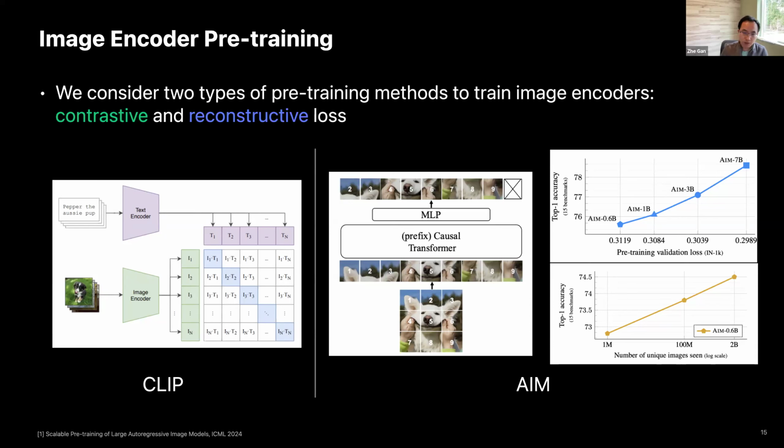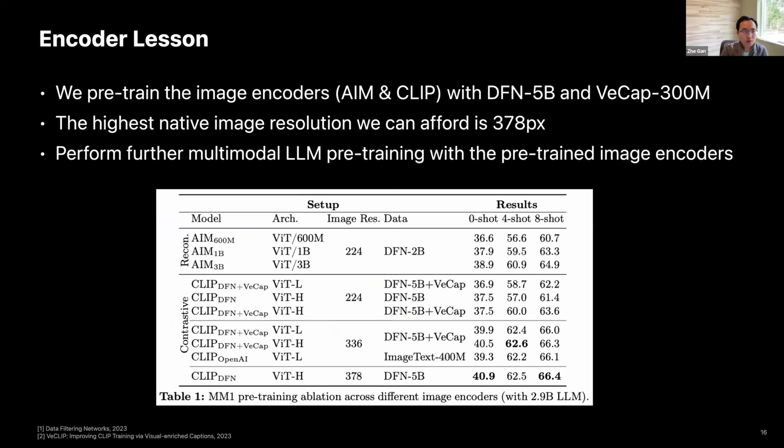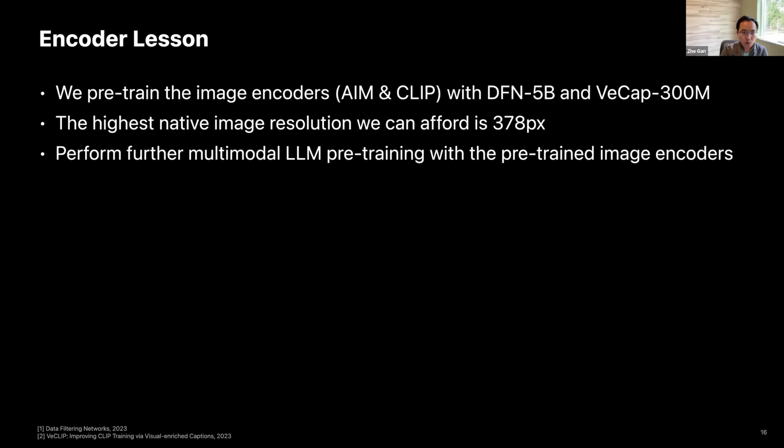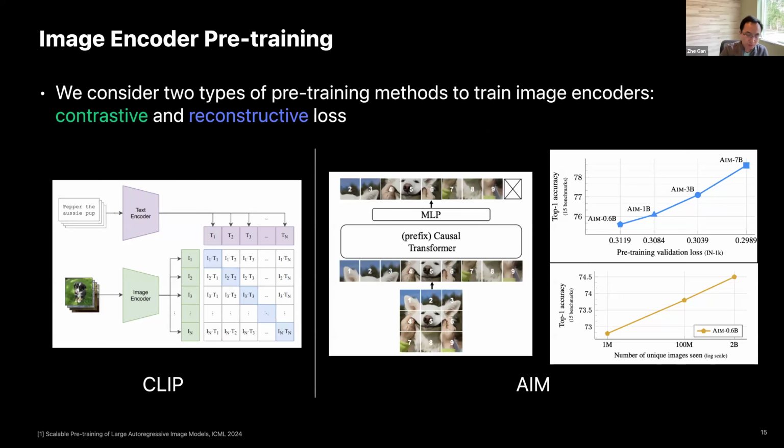And in the AIM paper, they also show the model can have a good scaling property. We have done both. These are some more detailed results, which I will skip. Basically, we first do the image encoder pre-training, and then based on this pre-trained image encoder, we further do multimodal LM pre-training.